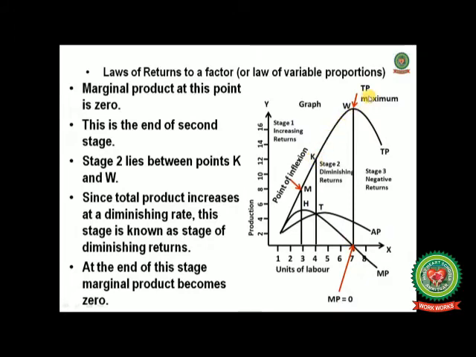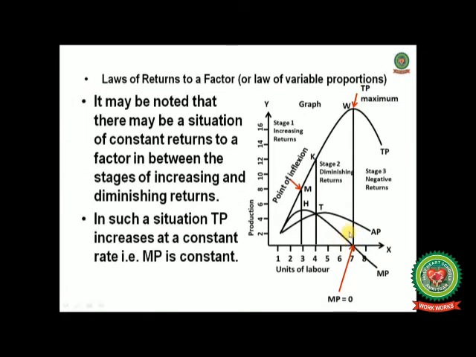On the TP curve you can see, the total product increases at a diminishing rate. After the point of inflection, total production starts increasing but at a decreasing rate. That's why this stage is known as diminishing returns. So at the end of this stage, marginal product is equal to 0 with the 7th unit of labor.